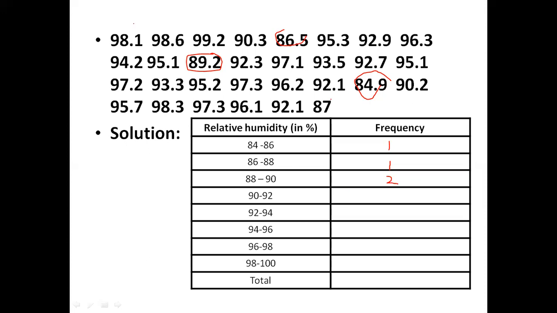Again we check, 90.3 is there, then we'll consider this. 90.2 is there here again. We'll write 2. Then 92 to 94. We have 1.